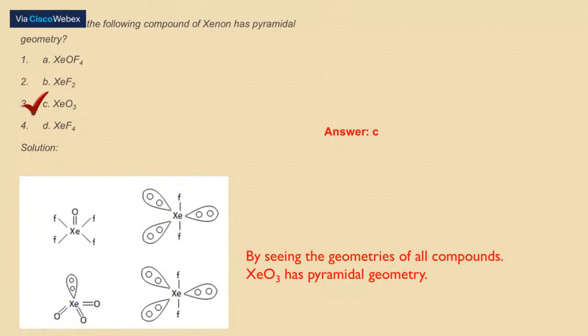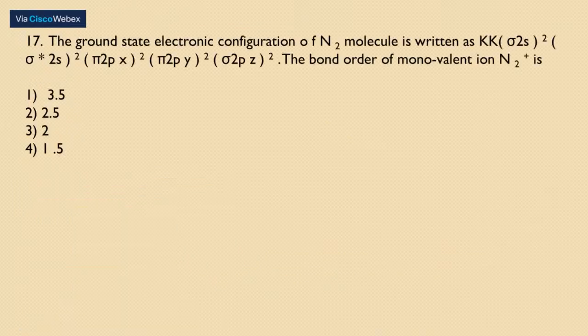That's why I told you it is better to know the structures of each and every molecule in the syllabus. So now, the ground state electronic configuration of the nitrogen molecule is written as KK, that is the K shell, the inner shell, which you need not write.